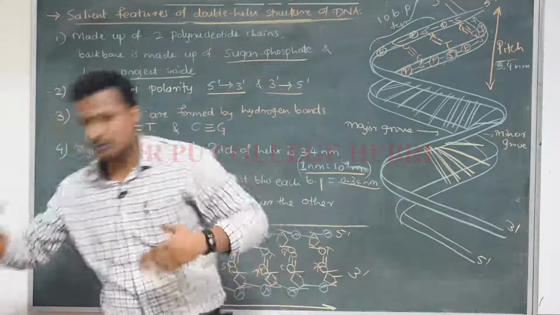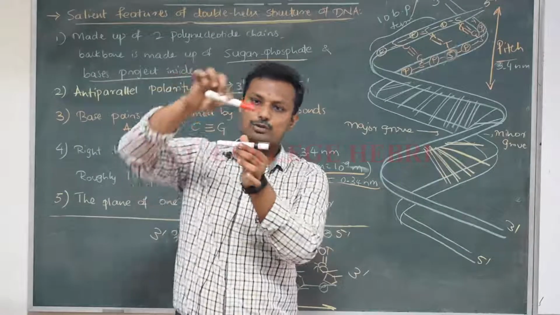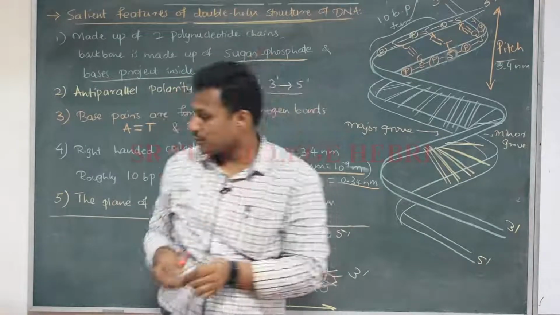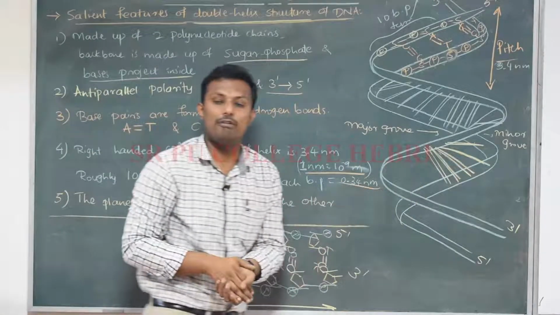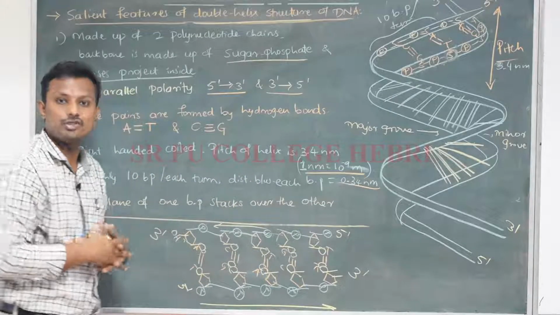See, this is one base pair, this is another base pair, so this is leaning on this one, this is resting on this one, so that this also will contribute to the more stability of this particular molecule of the DNA. And that is what the fifth point is talking about.